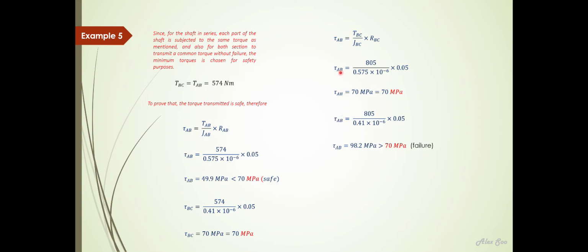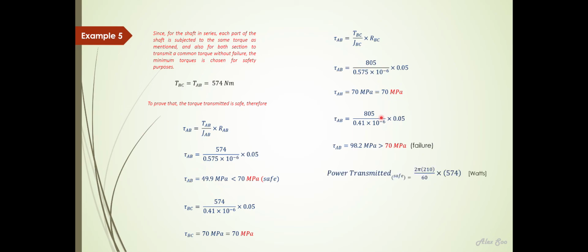This is AB here, and this is BC. So this should be changed to BC here, please. 98.2 megapascal is greater than 70. So it's a failure for the design of the shaft. That is why we never adopt the value of 805, the maximum torque among both cases. So that is why it is proven that 574 is safe and 805 is not safe to be considered as the common torque.